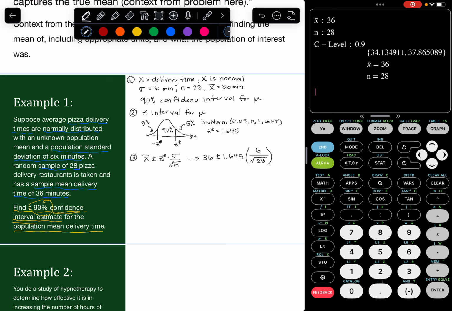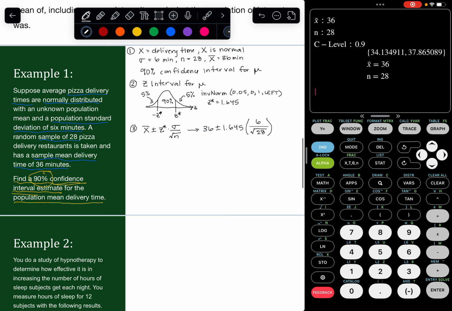Sorry, alarm. When I write this down, I'm going to give it to one more decimal than the values I was given. Everything in the problem was a whole number. I'm going to round this to one decimal place.